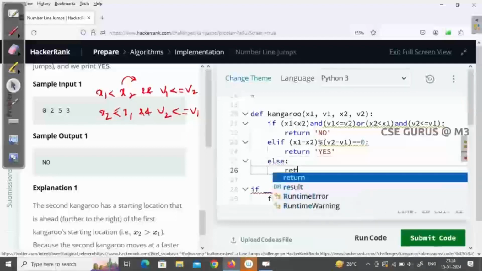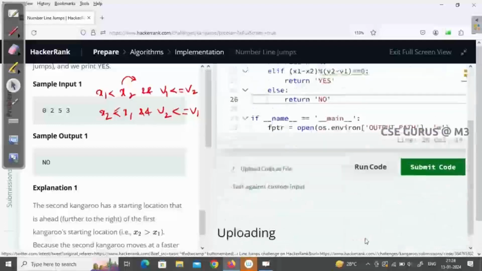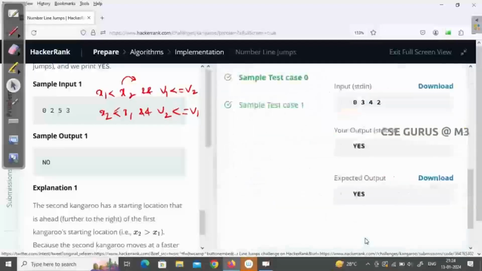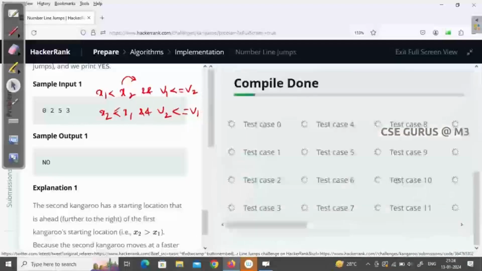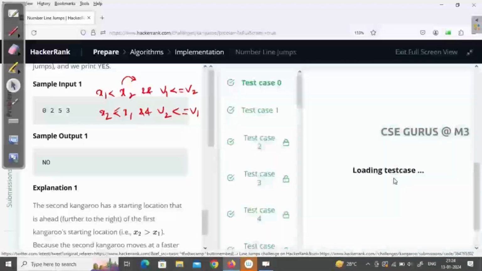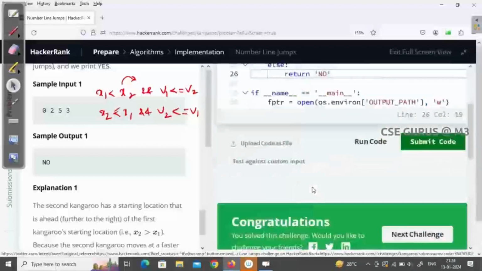Finally else return no. Once again I'm telling you, when you go for Python, please check the indentation properly once you execute. So let us see for any errors. Absolutely fine. Submit the code. Yeah, all the test cases passed.